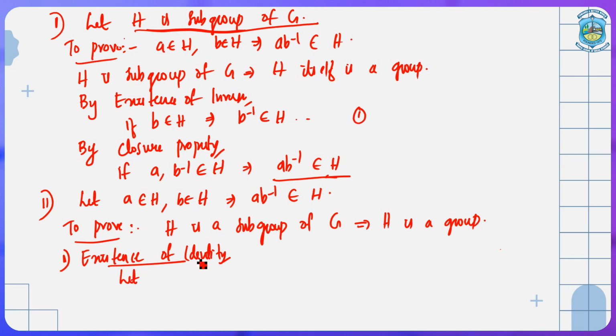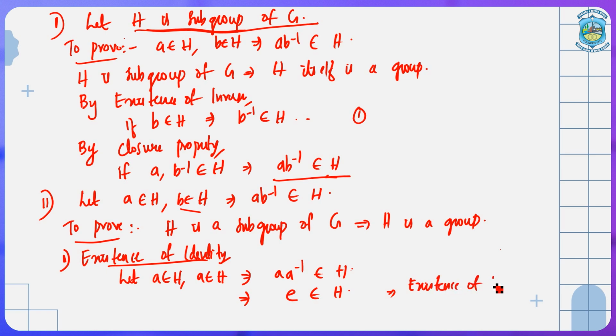Let A belongs to H, comma A belongs to H, where I have replaced B in terms of A. So, according to the definition, what should I write here? A into A inverse should belong to H. A into A inverse means E, that is the identity element. This implies that existence of identity property is satisfied.